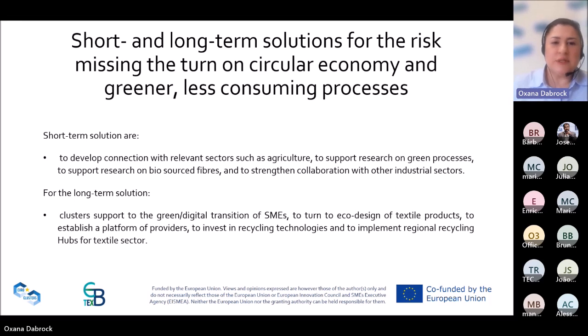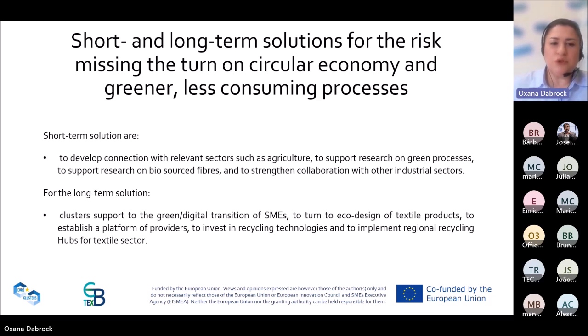And for this risk, the short-term solution is to develop connection with relevant sectors such as agriculture, to support research on green processes, to support research on biosourced fibers, and to strengthen collaboration with other industrial sectors.